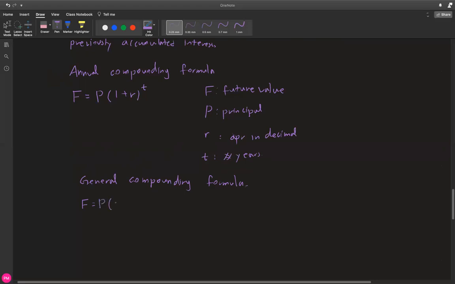You simply write p multiplied by 1 plus the lowercase p to the power of t here. And here, f and p are the same, so f is the future value and p is the principal.